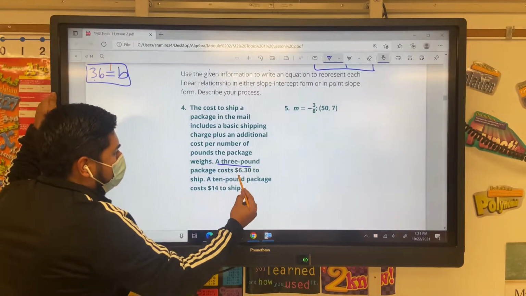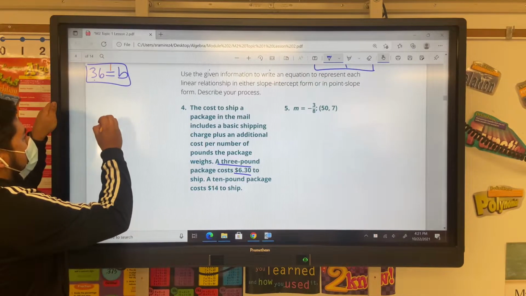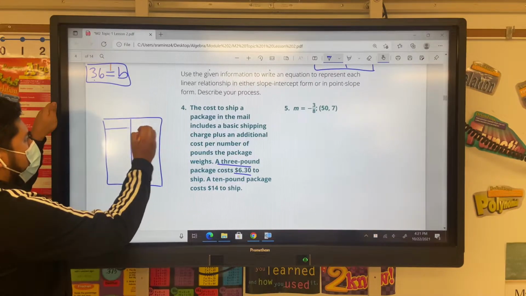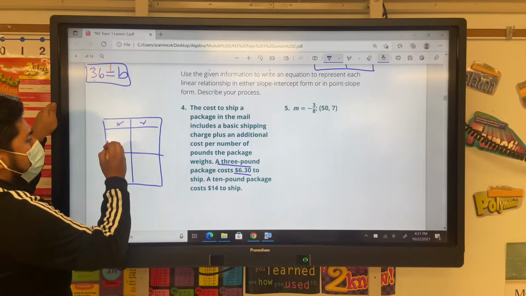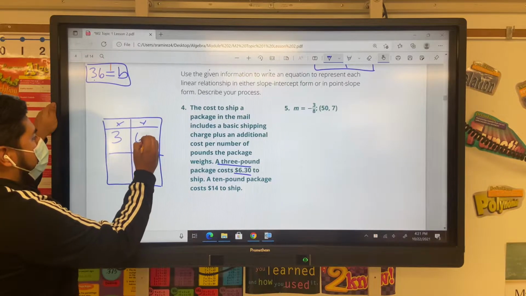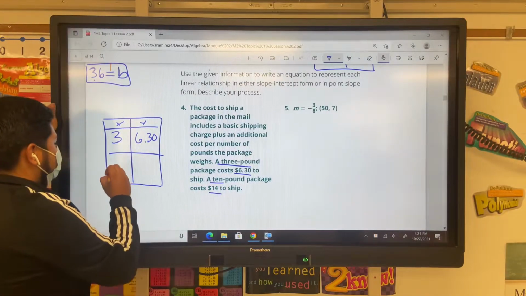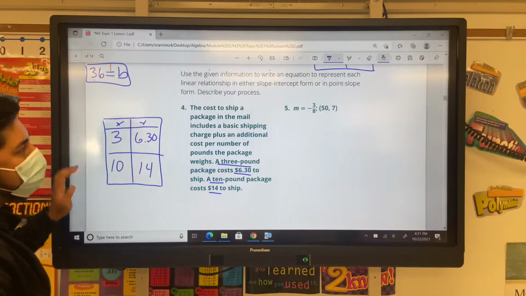Putting this together, 3, 6, 3, 0. Gonna make you the table already. X, Y, sorry. 3, 6, 3, 0. 10 and 14. Should be able to do it.